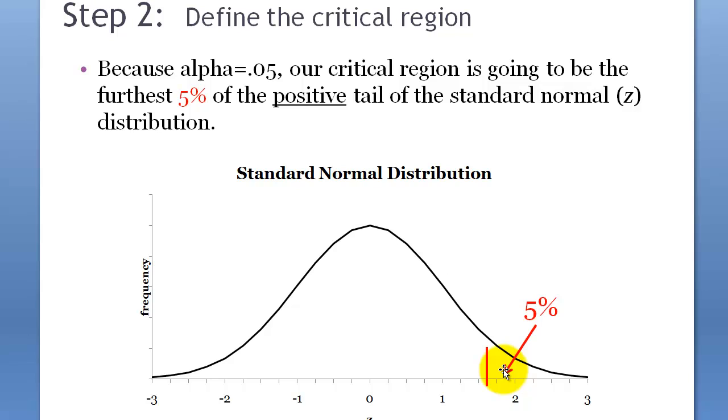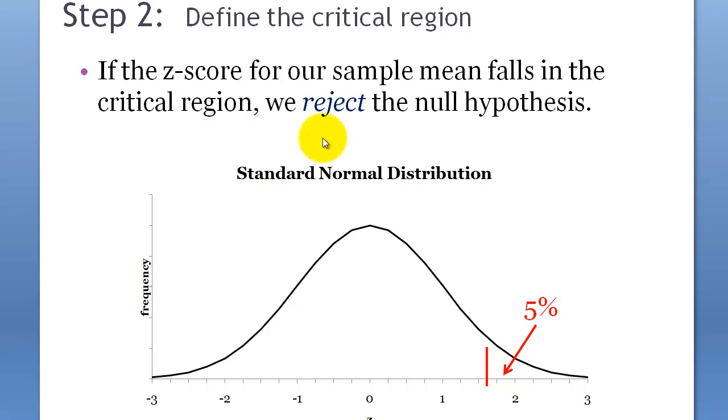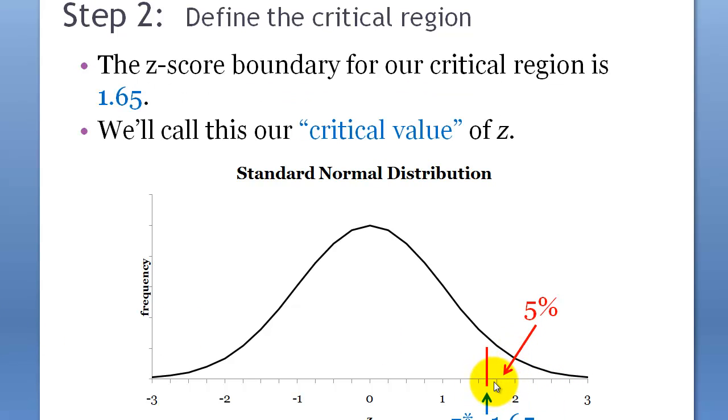We can conclude that a statistically significant effect has been observed, and we reject the null hypothesis that there was no effect. The z-score here is somewhere between 1.64 and 1.65, so it's roughly 1.65.